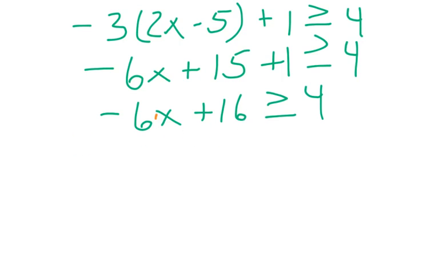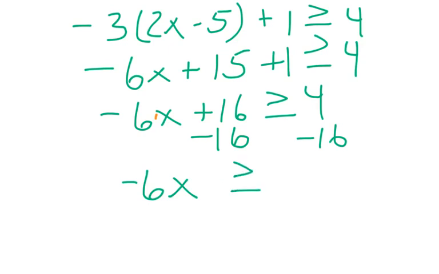The last thing done will be the first thing undone, which means we will subtract 16. Bring down the -6x. 16 minus 16 is 0. That's why we're subtracting 16. Now bring down the inequality, and always be careful with your negatives and the operations on the sign there. 4 minus 16 is negative 12.